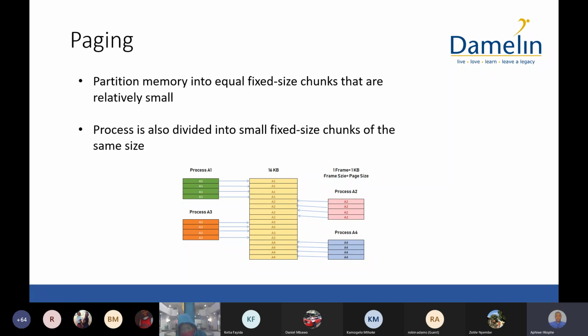Once you click on each individual process on your computer, it is divided into pages. You can see that it's sectioned, and pages are equal in size. They're fixed length blocks of data. They have to be the same size as the frames there. So look at the length of the frames, and then the pages will also be divided based on the length of the frames.